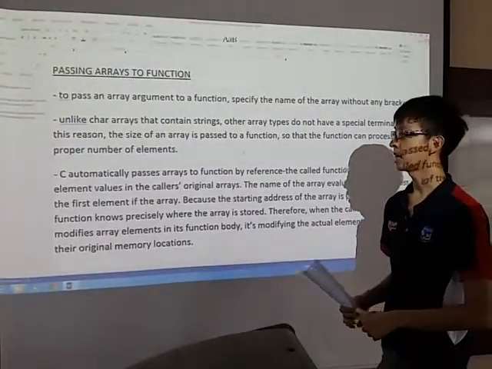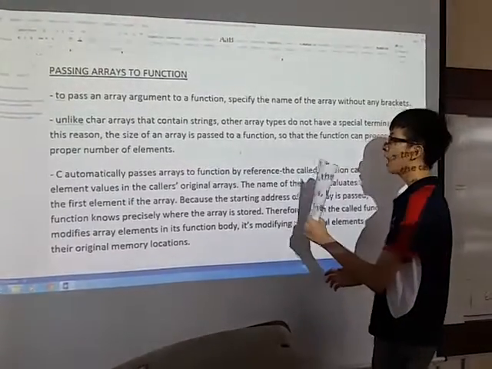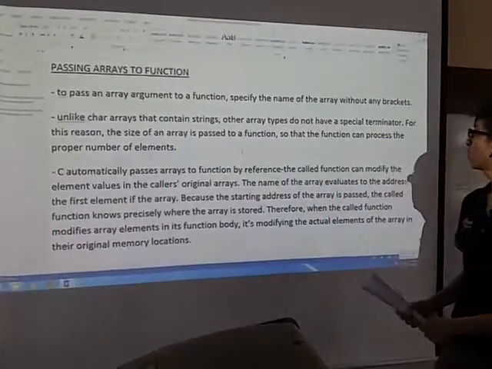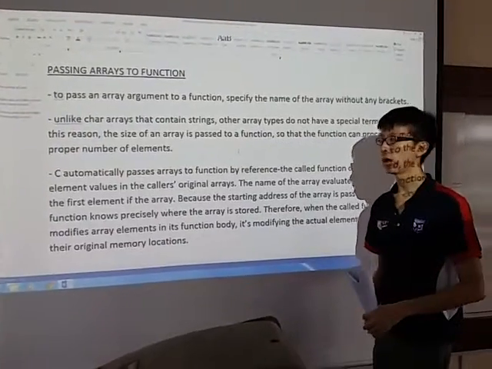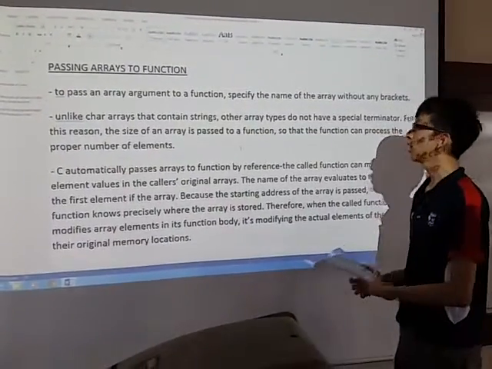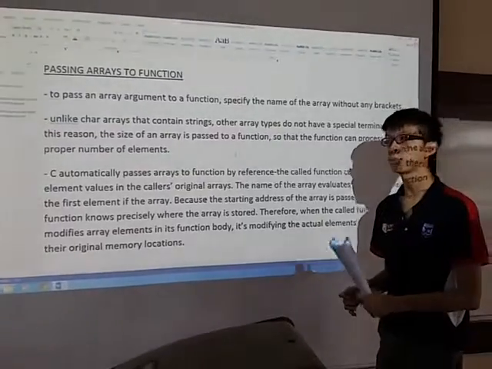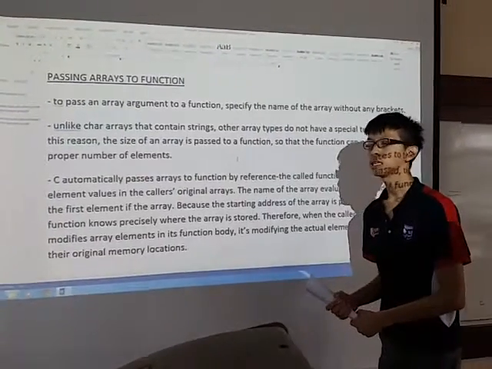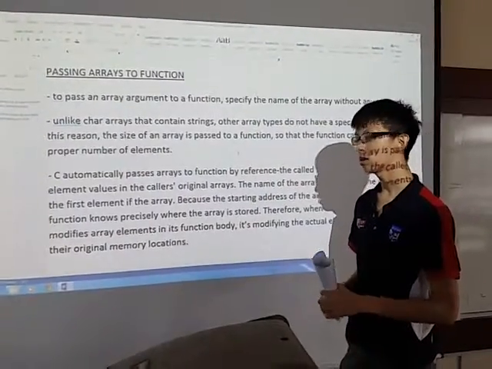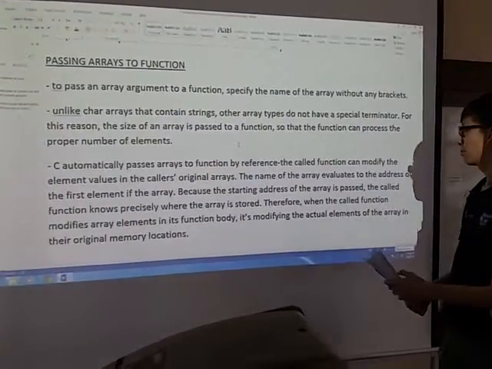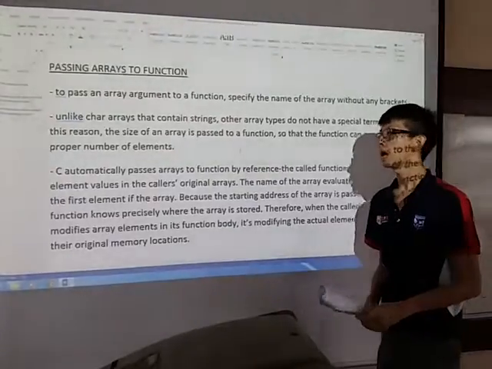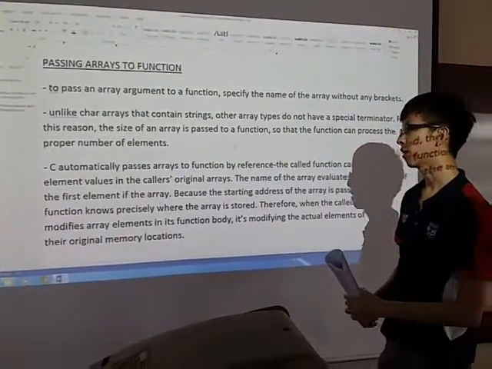Unlike character arrays that contain strings, other array types do not have a special terminator. For this reason, the size of an array is passed to a function so that the function can process the proper number of elements. C automatically passes arrays to functions by reference, so the called function can modify the element values in the caller's original arrays.